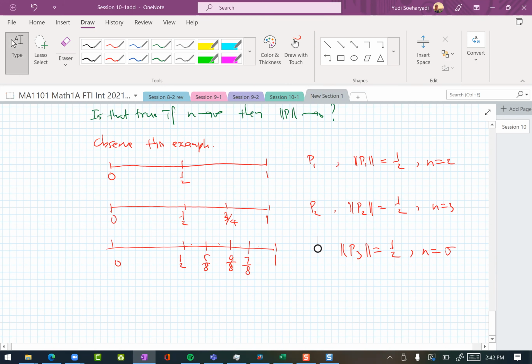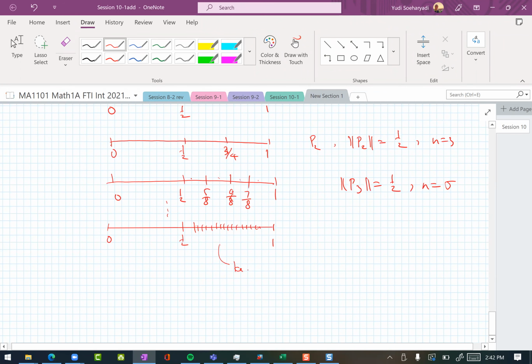So you keep doing this. Keep on doing this one. So 1/2. So just keep refining this part. Okay.